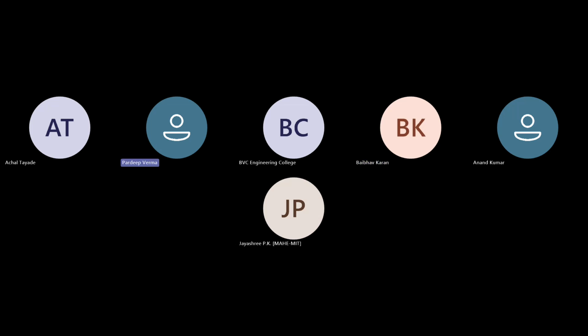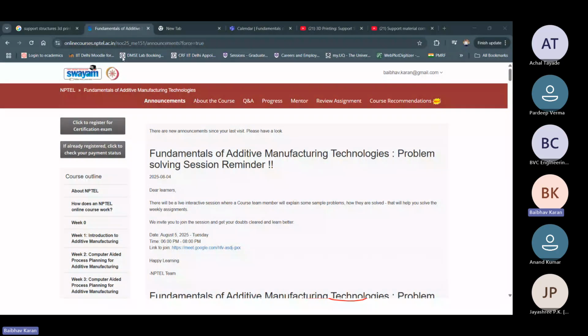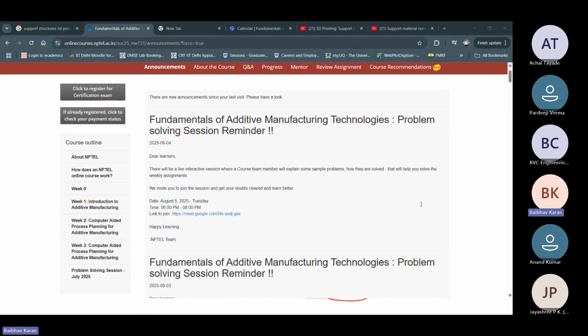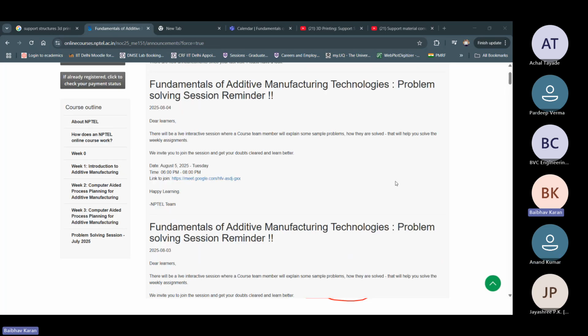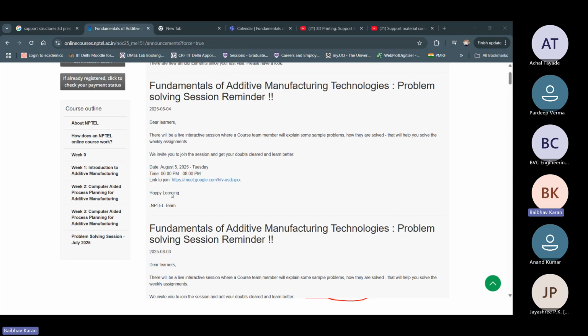So you just share my screen. Just give me 1 second. Okay. So you have seen this coming up when you open the SWAYAM portal, right?